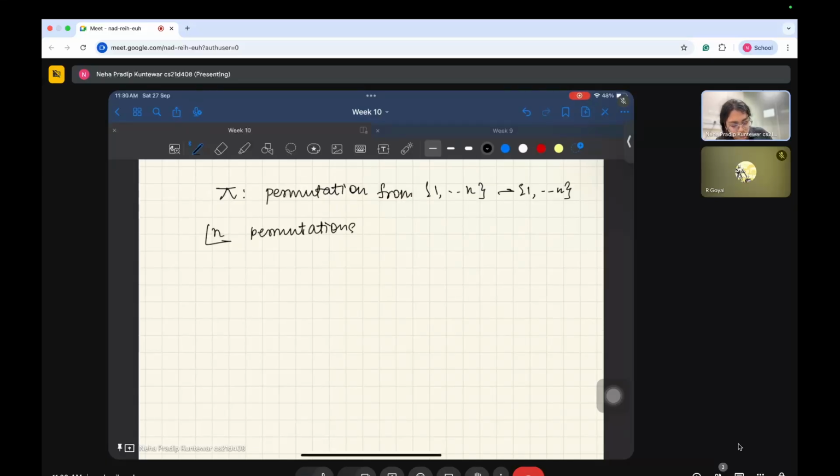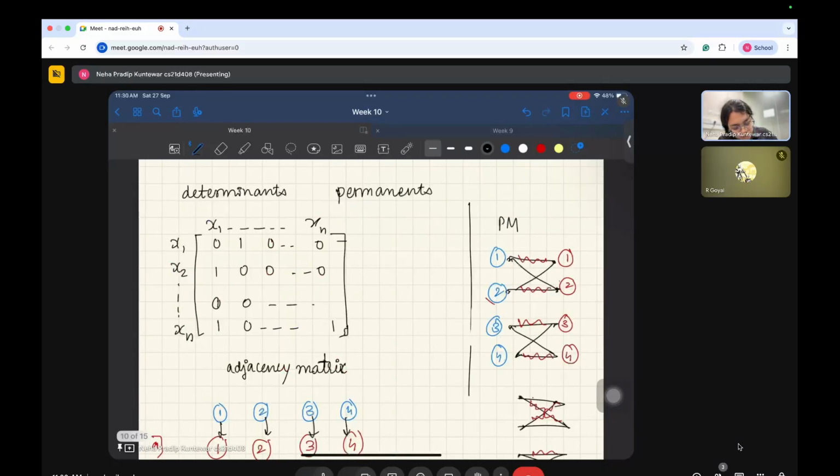Now think of all possible permutations. I'll call the set Sn for now, we'll use the standard notation. This is the set of all possible permutations from n bits to n bits.